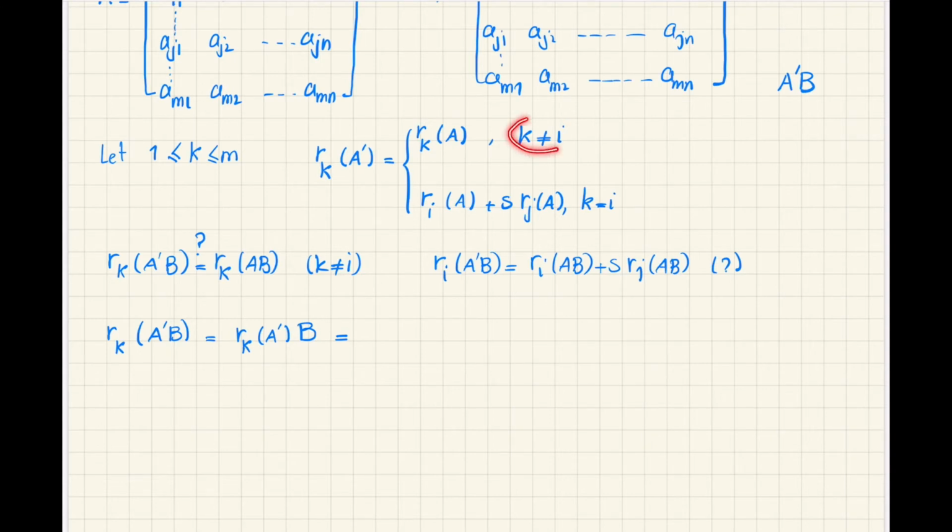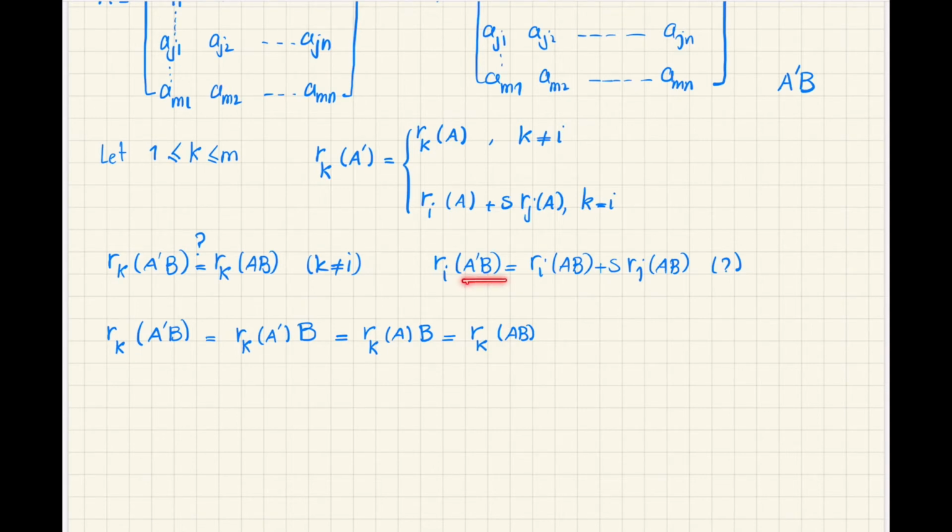When k is not equal to i, there is no difference between r sub k of A prime and r sub k of A. So instead of r sub k of A prime, I simply write r sub k of A multiplied by the whole matrix B. Another way of writing this is the kth row of the product. So I am done. If k is not equal to i, I showed that the kth row of this new product matches exactly with the kth row of the old product AB.